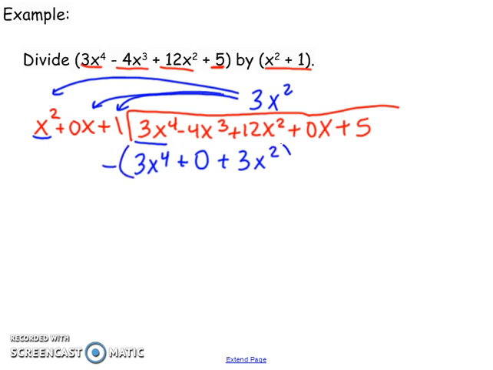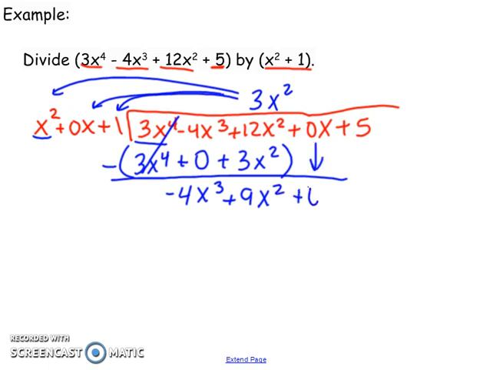So we'll subtract. 3x to the fourth minus 3x to the fourth is gone. Negative 4x cubed minus 0 is just negative 4x cubed. 12x squared minus 3x squared gives me 9x squared. Then I need to bring down my next term so that I have 3 on the bottom and 3 on the side. Same process now.